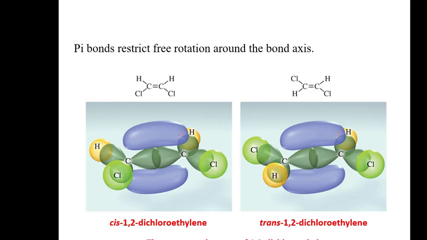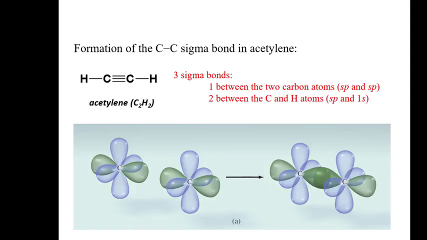Another thing that you can do is form pi bonds with more than one p orbital. You can overlap two of those. So say if you have acetylene, how does the triple bond come to be?